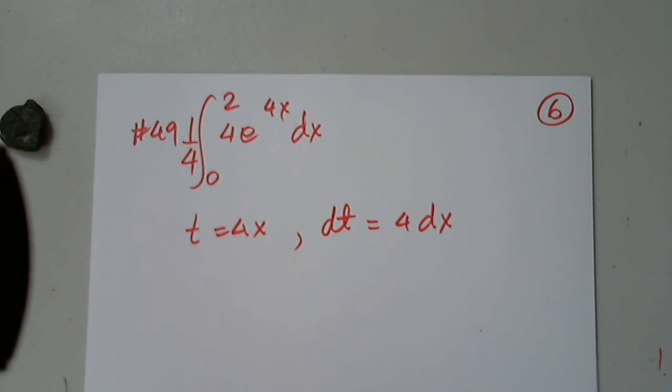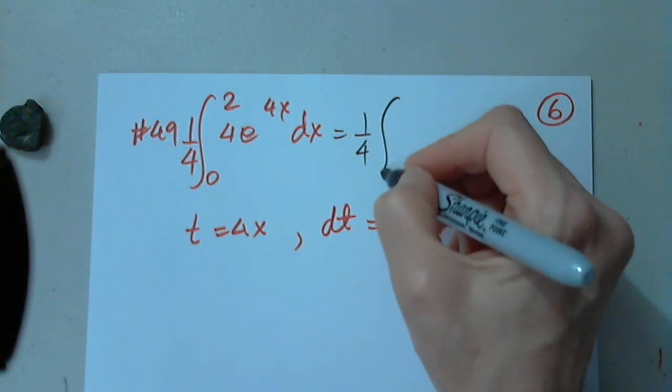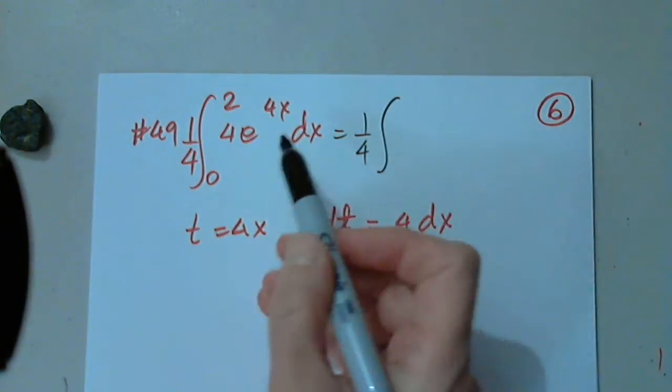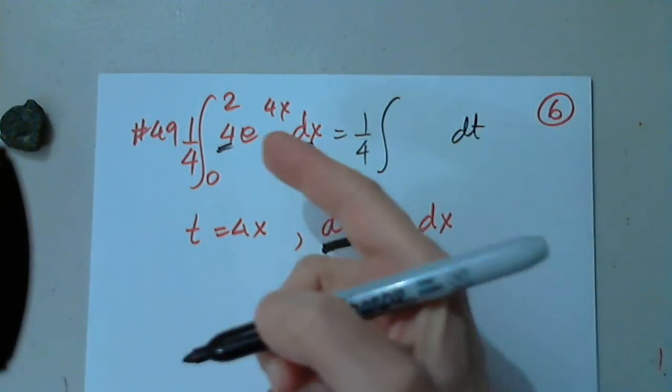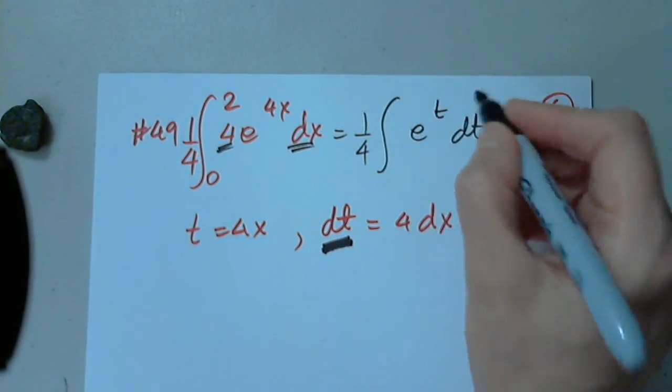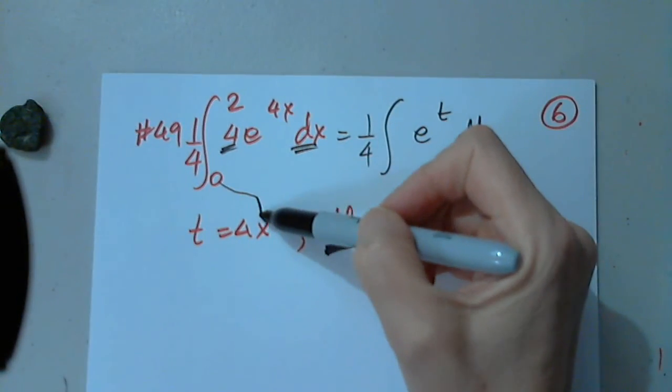Multiply the top by 4, multiply the bottom by 4. That's 1. I'm not changing anything. So I have a 1/4 in front. I have the integral, 4 dx. 4 dx is dt. And this is e to t. Careful now. I cannot copy the limits of integration for x to t. So I plug in.